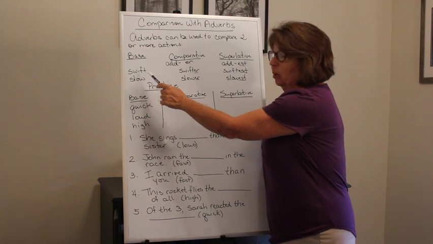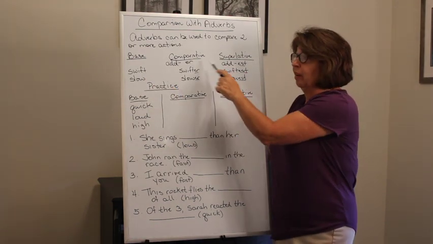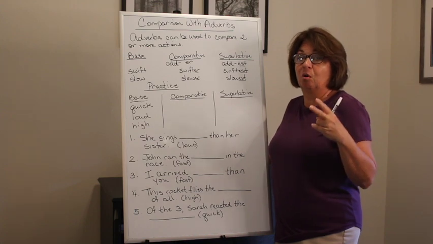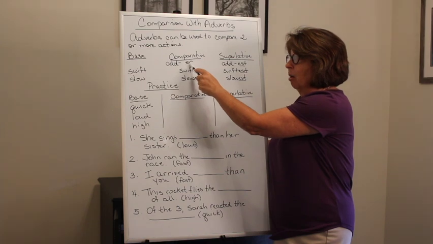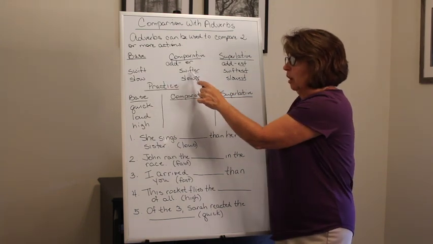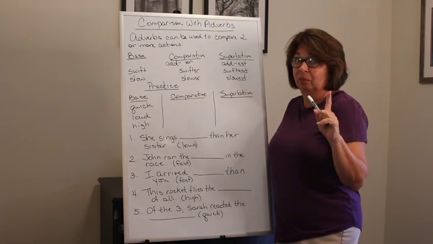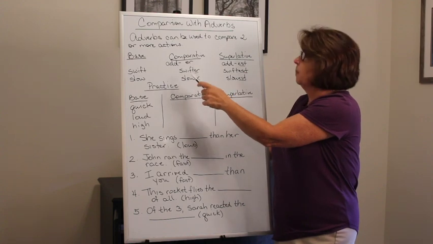If we have a base word that is only one syllable, in order to make it a comparative when we're comparing two or more people or things together, we would add ER onto the end of the word. So, swift would become swifter. One syllable, we're comparing two things, we add ER.